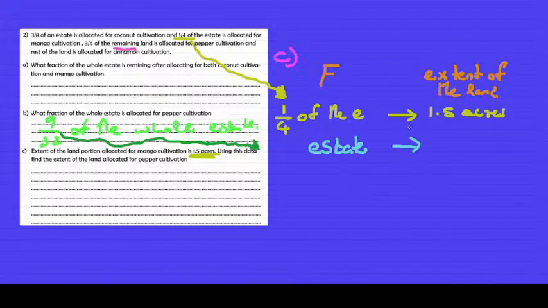How is that? You multiply 1.5 by 4. That is 6 acres. But we know the entire estate is not allocated for pepper. What is allocated for pepper? That is 9/32.